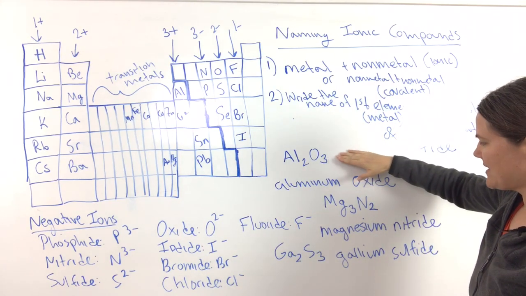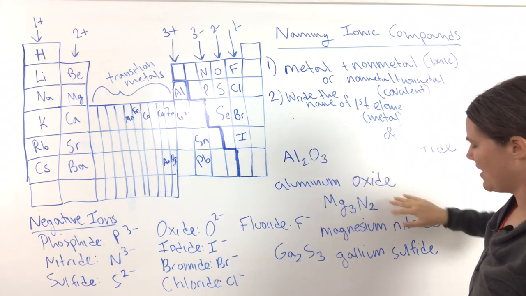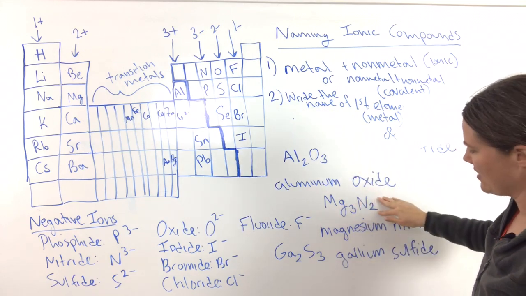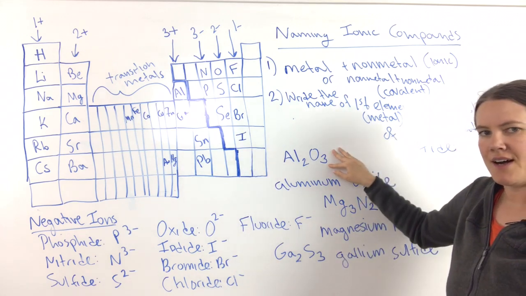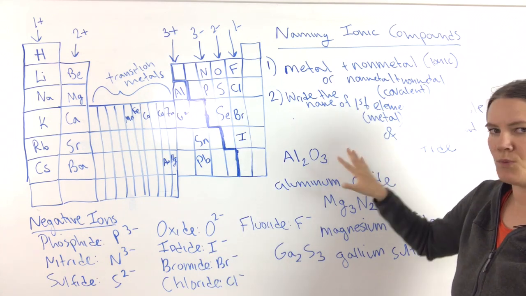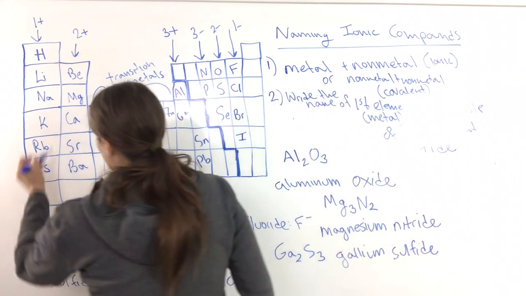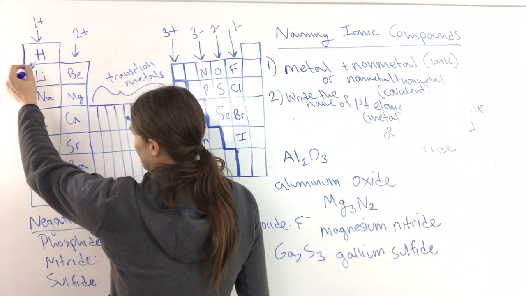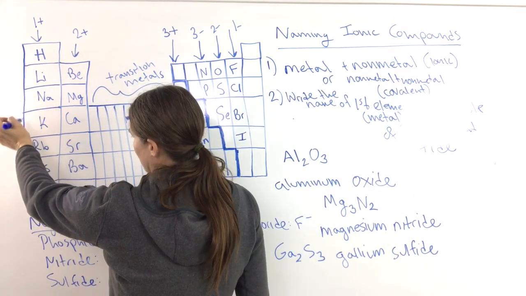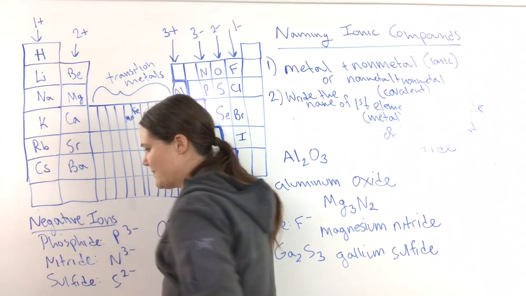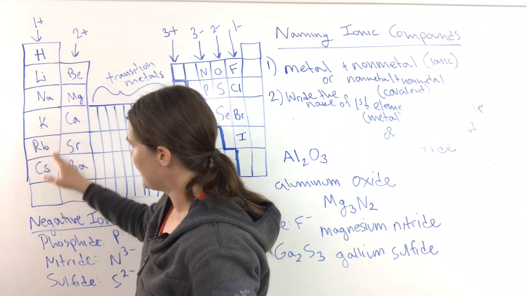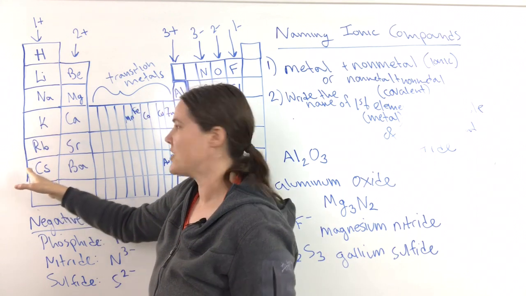All of these compounds that we've named so far, we've been using ions that only form one variation of their charge. So for instance, all of these ions in this first column, so lithium, sodium, potassium, rubidium, and cesium, are all going to form a +1 charge.